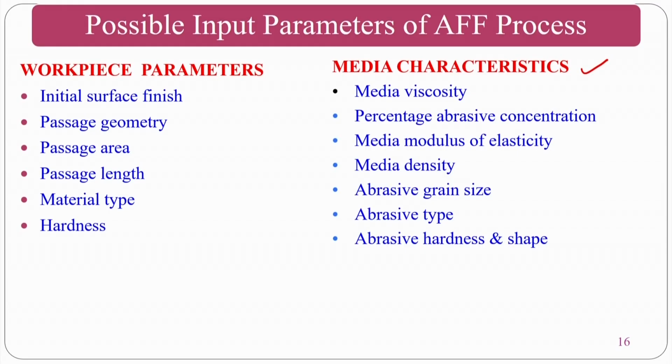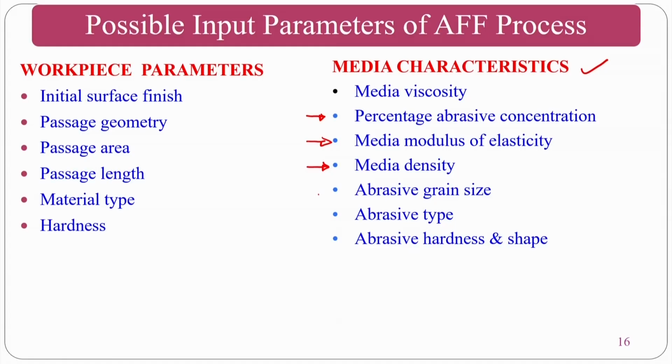Percentage of abrasive concentration: if the abrasive concentration is high, that means the number of abrasive particles taking part in the finishing per unit time will increase. So, the material removal always increases. Medium modulus of elasticity and medium density will also improve the abrasive action.